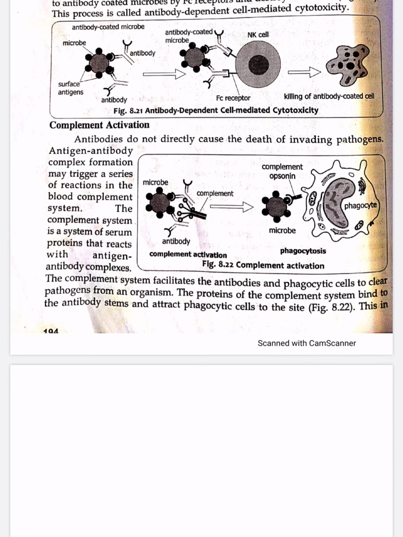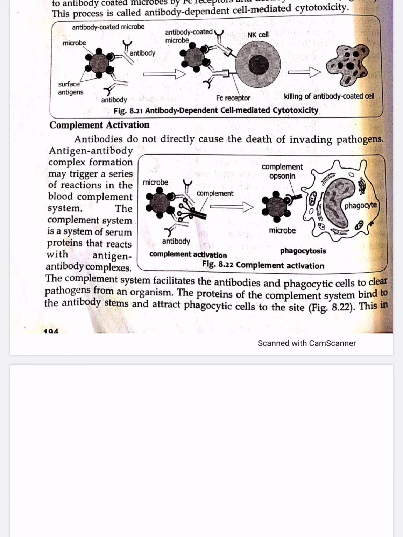Next, we can speak about complement activation. Before we move on with that, we should know what a complement is. Complements are some proteins present in my blood, and there may be about 30 or more such proteins in my blood. Normally, these proteins will be in an inactive form.